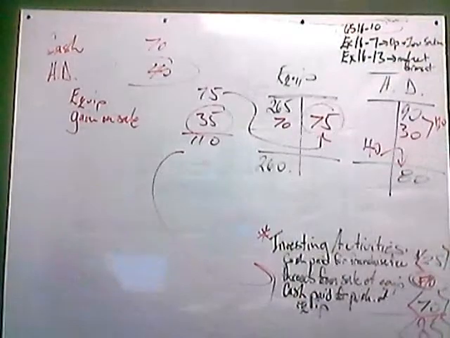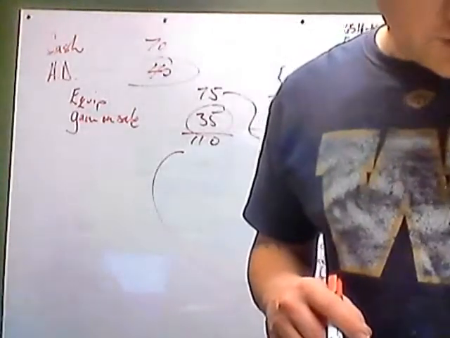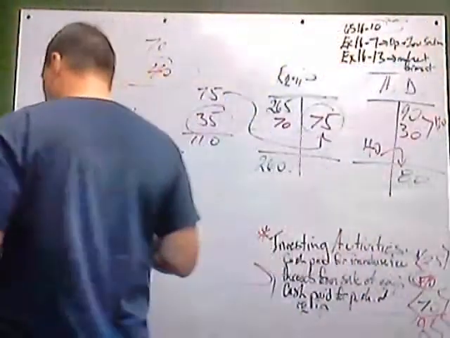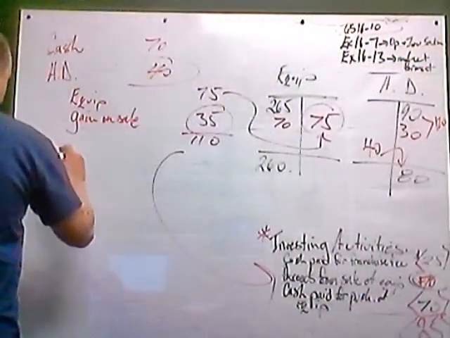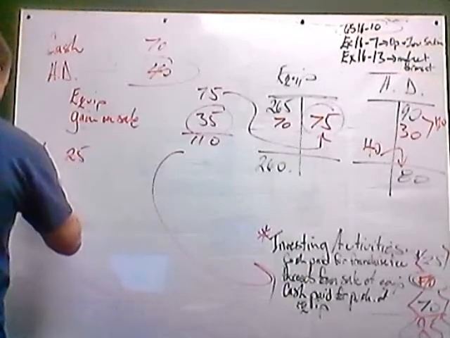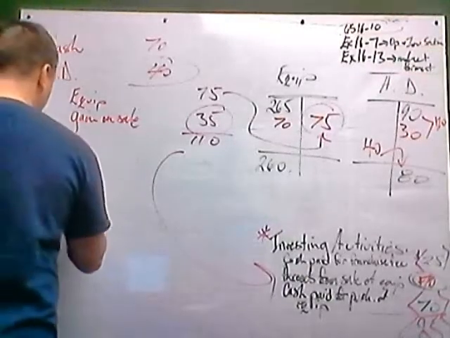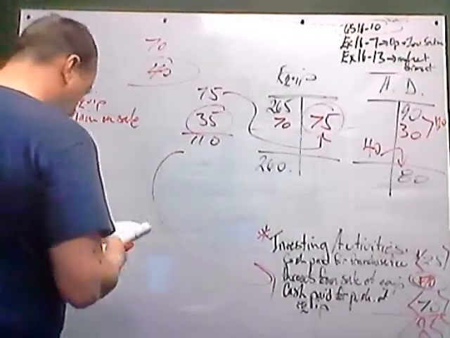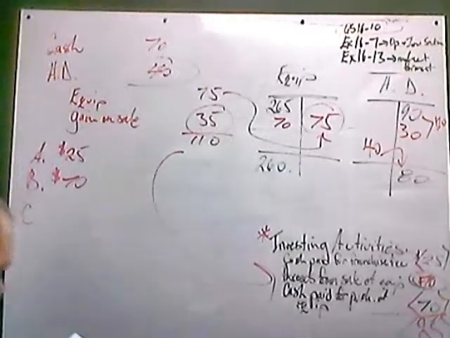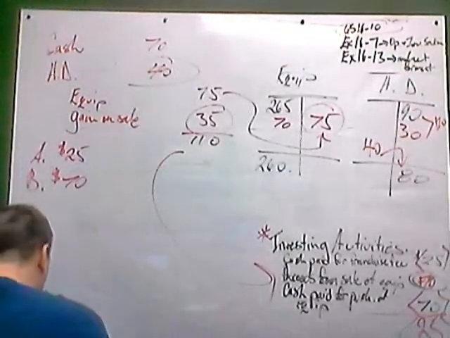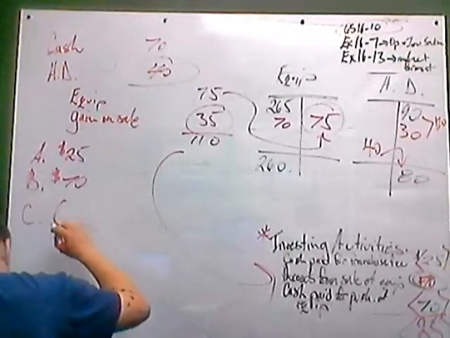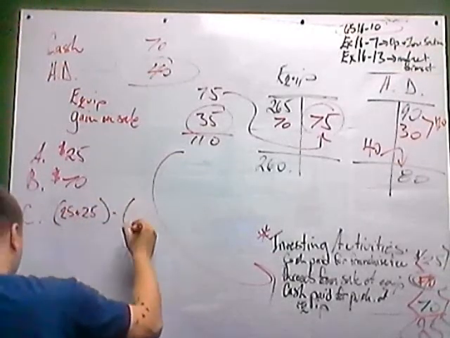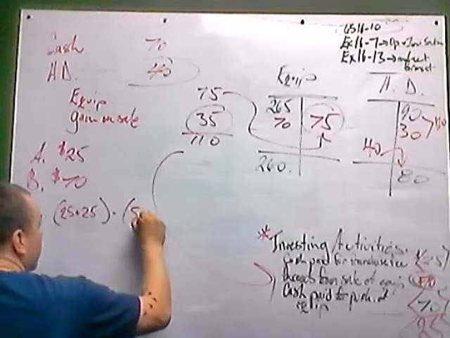All right. Now it says for C, what's the change in cash and cash equivalents during 2020? So first of all, A was 25, B was 70, and C. Well, what's the change in cash and cash equivalents? Well, cash and cash equivalents for 2020 are 25 plus 25 minus last year's 5 plus 30.